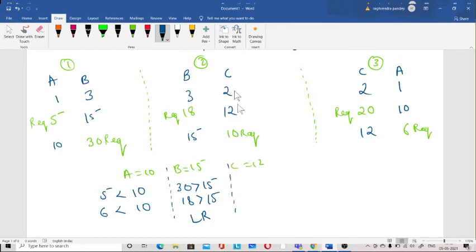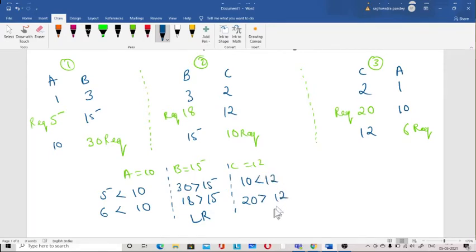Then you see C here. C has a requirement of 10 moles, which is obviously less than the 12 which is given, and here C has a requirement of 20 moles, which is larger than the 12.